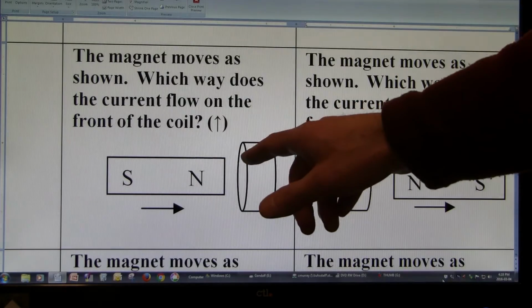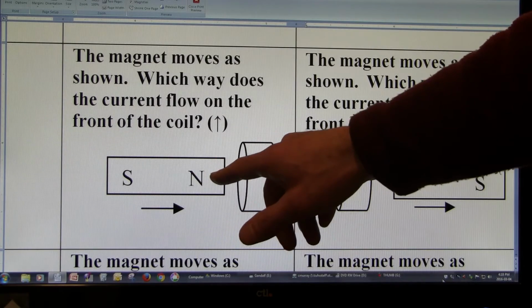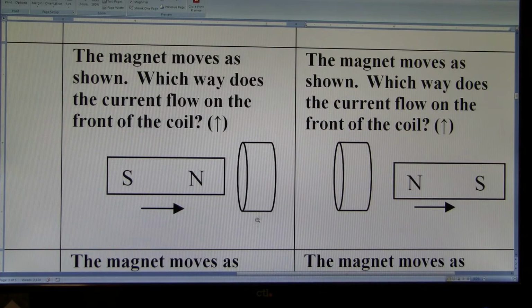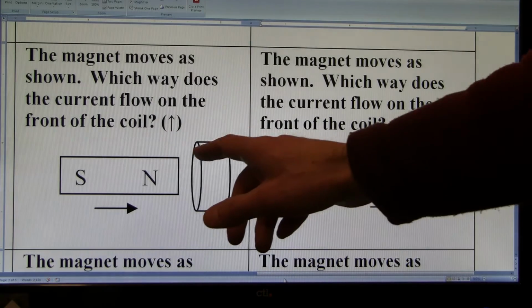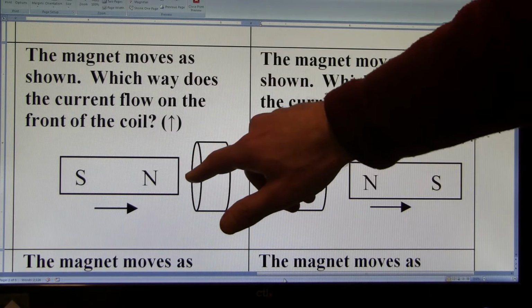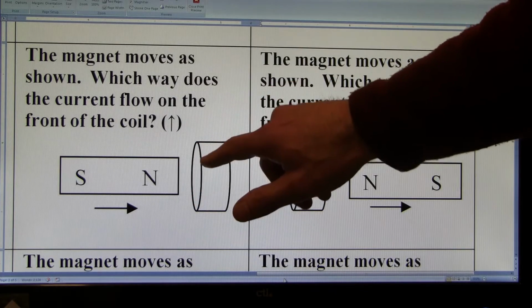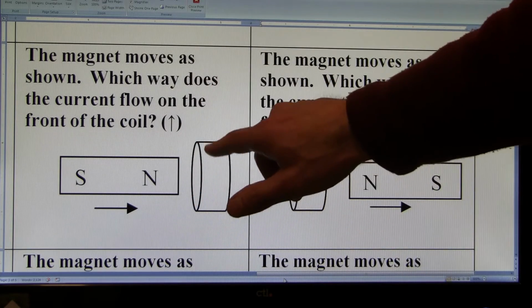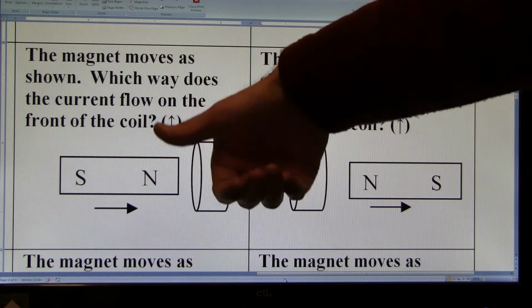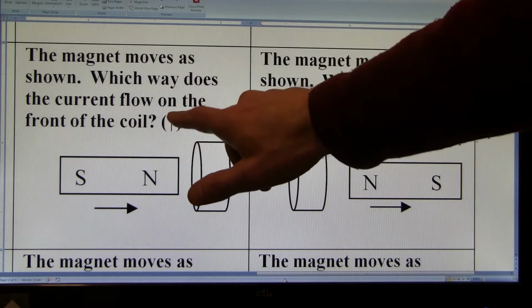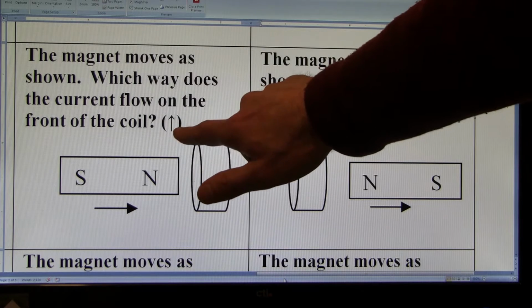And then in this guy here, we don't want that north pole to approach. And so the way to prevent a north pole from moving in, by the way, okay, is to create a north pole on that side. Okay, so this thing's going to act like a little magnet, because this is a coil right here. And so the current needs to flow up the front of the coil, okay, to make a north pole in that direction. That's why that's the right answer right there.